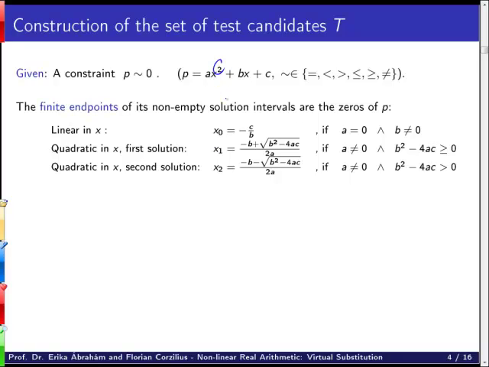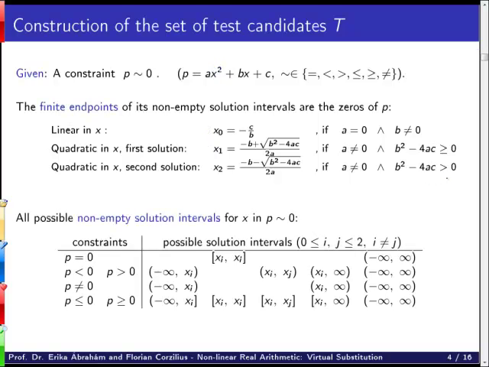And we know, for example, we have this 0 here if A is 0 and B is not 0. And this holds, of course. And for the other two quadratic cases, well, then we have to assume that A is not 0 and that the radicand is not negative. Okay. So now we know what the zeros are in general, and then we know how the intervals look like. And here you see all examples which could occur for all these different relation symbols.